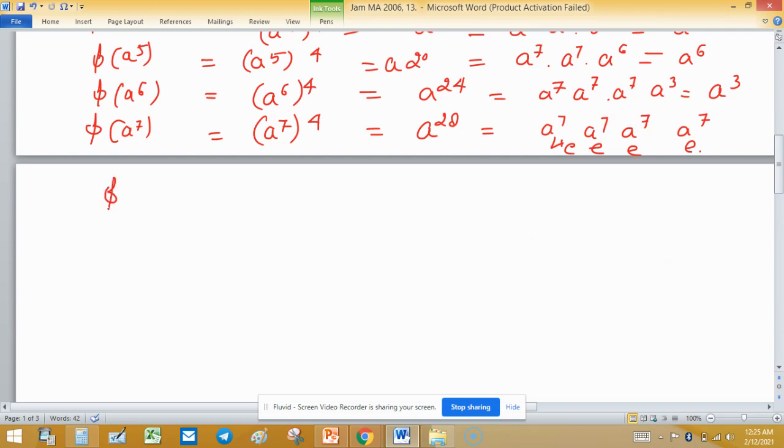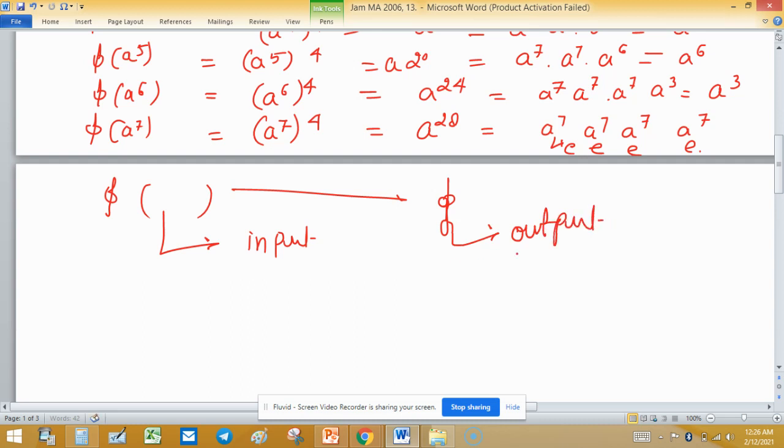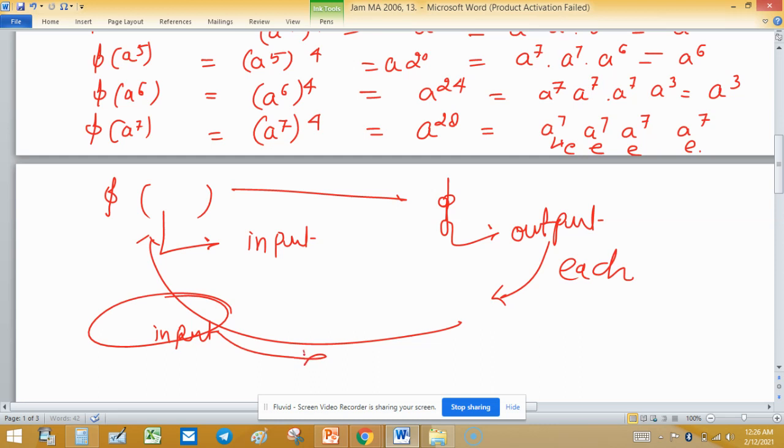As you put in inputs, you will get outputs for phi, and for each output there exists a domain element, or input. For each output there exists an input, and these inputs come from the group G.